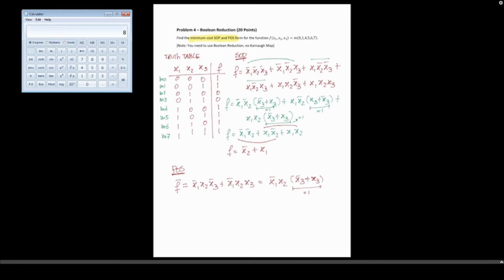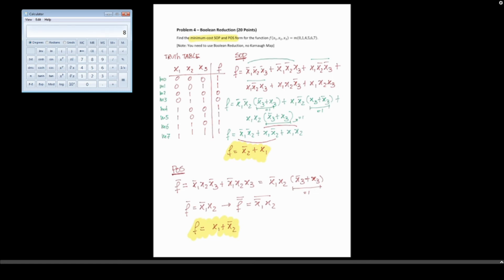And I get f negated equals to x1, x2, which I need to negate f twice so I can get the right answer. Negating f twice gives you f, and here I applied De Morgan's, and if I apply De Morgan's, I get exactly this. And here you go. We have a SOP and a POS that are exactly the same value, or the same circuit, which doesn't matter which one you pick, you get exactly the same answer, and you find the minimum SOP and POS.